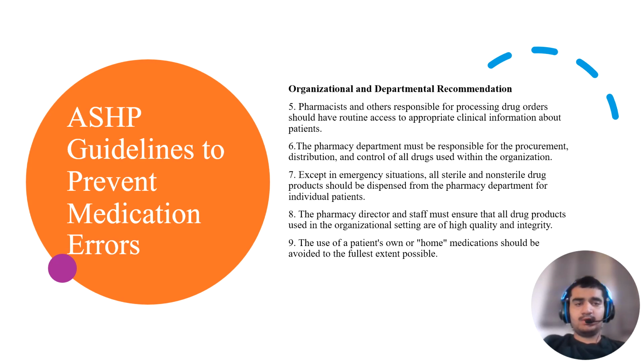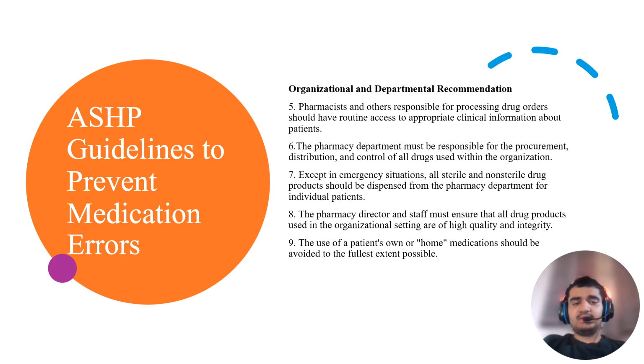Now moving further to the organizational and departmental recommendations. The pharmacists and others responsible for processing drug orders should have routine access to appropriate clinical information about patients. The pharmacy department must be responsible for the procurement, distribution and control of all the drugs used within the organization.